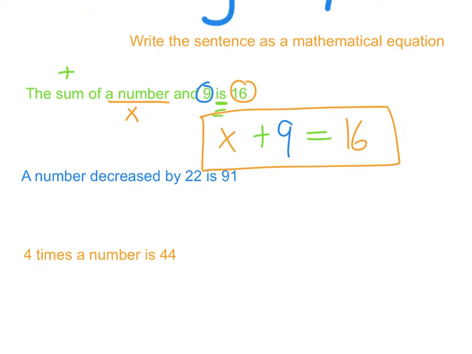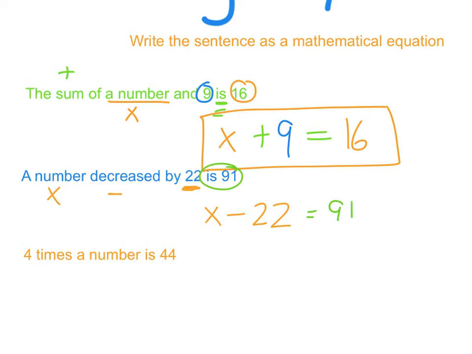A number decreased by 22 is 91. So a number, they don't tell us what, let's just use x, okay? But decreased by 22, that means to me subtract, and then how much? 22 right there. And when you do that, it is 91. So a number decreased by 22 is 91, equals 91, like that.